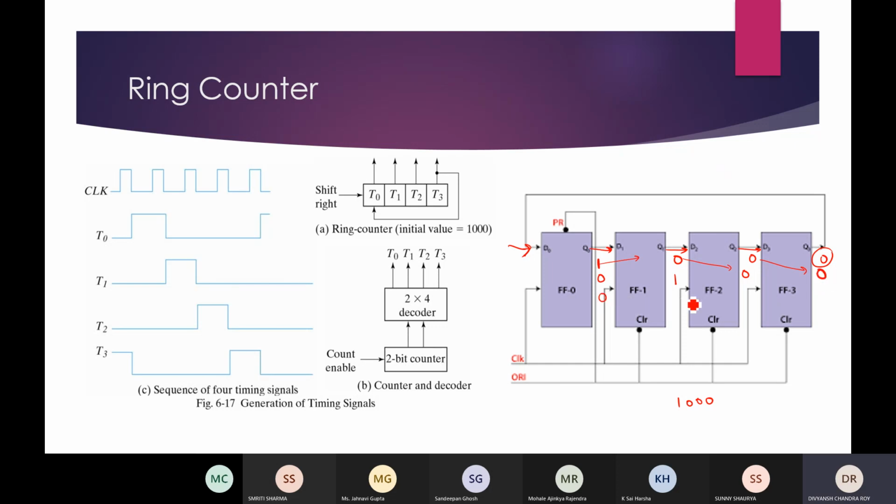So again I will get 0 0 1 0, and then after I will get 0 0 0 1, and after that this one will again go to the first flip-flop, so I will get 1 0 0 0. So this is the special property of the ring counter, it is generating one hot encoding.